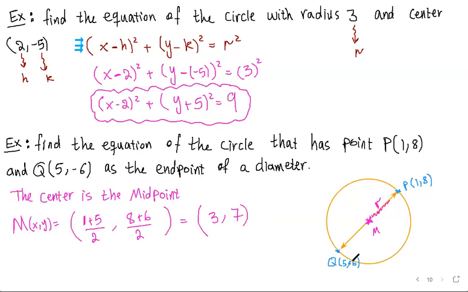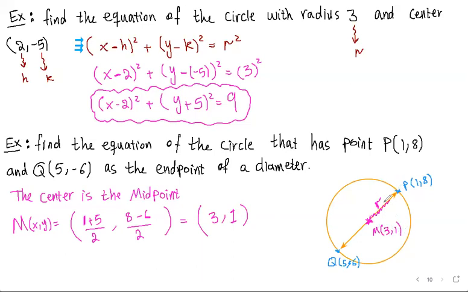So here 8 minus 6, sorry. So 8, this point, minus 6. 8 minus 6 is 2 over 2 is 1. So here is 1. So this is my center. The midpoint (3, 1) is my center.